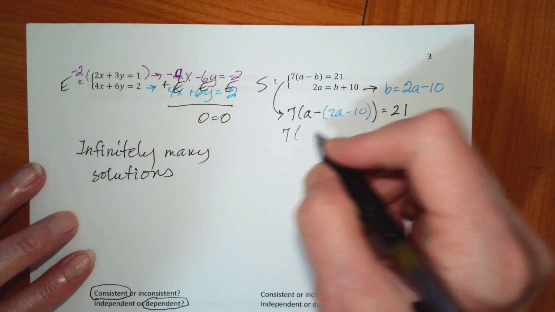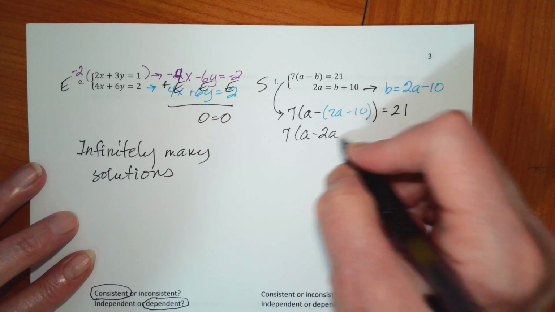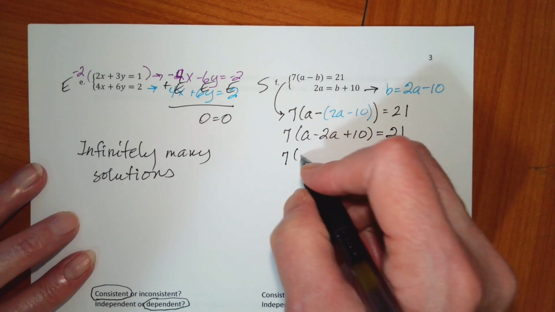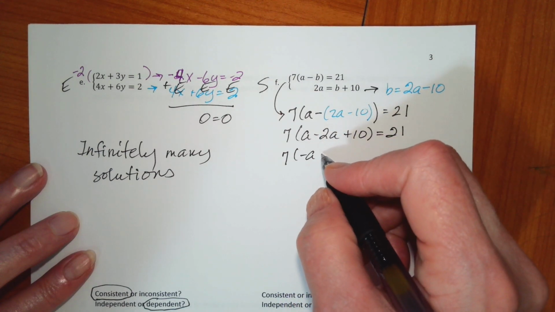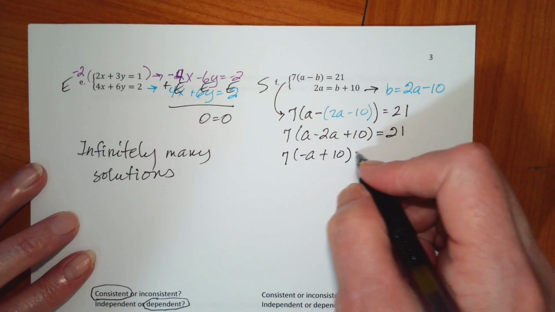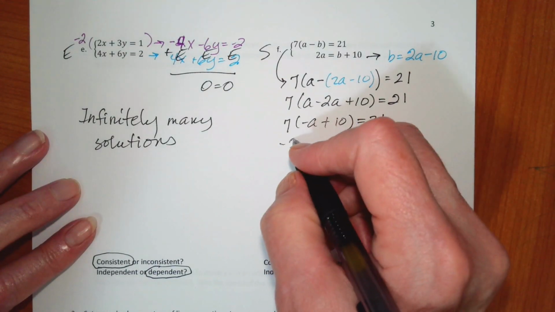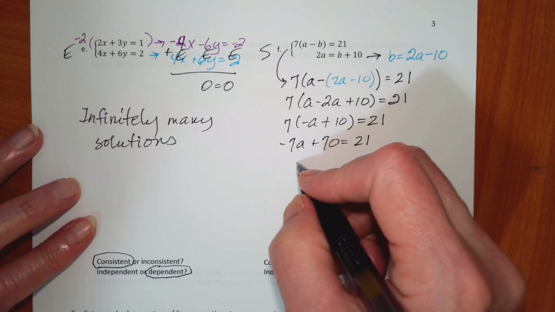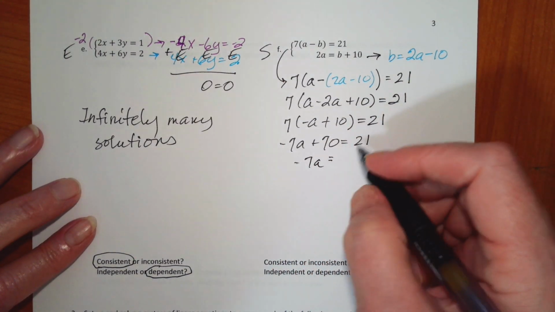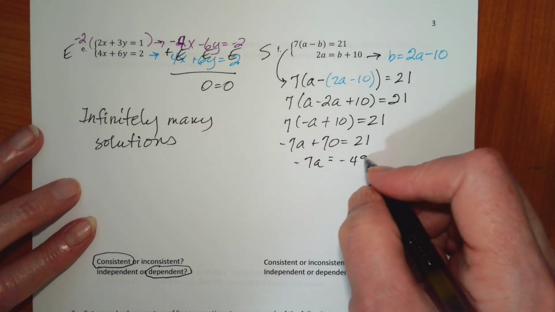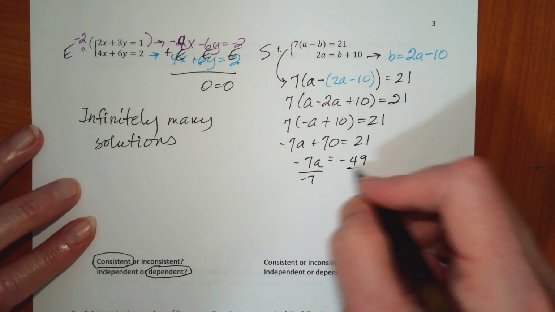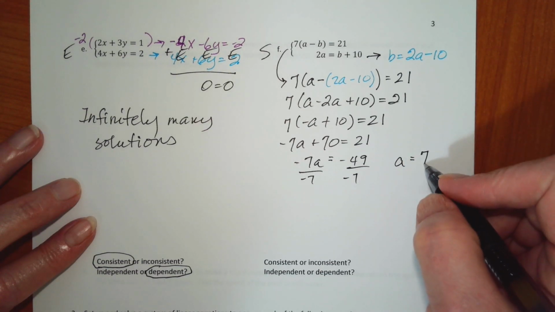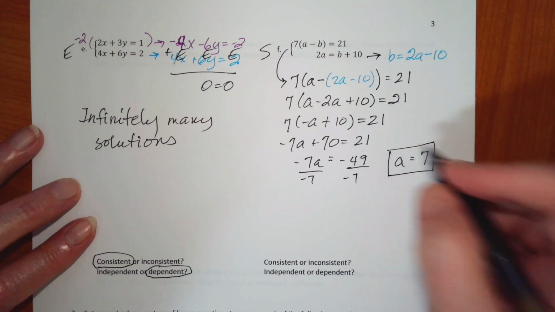This becomes 7 times a minus 2a plus 10 is equal to 21. 7 times negative a plus 10 equals 21. Negative 7a plus 70 is equal to 21. So negative 7a is equal to negative 49. And I get a is equal to 7.